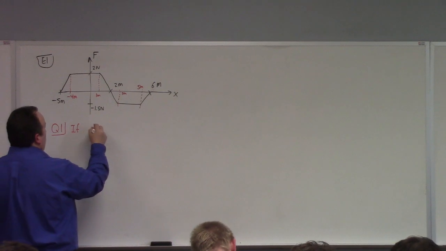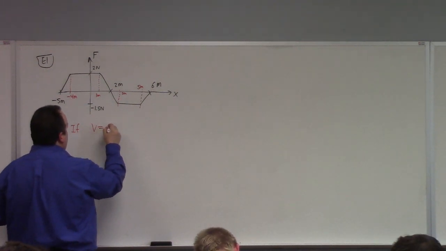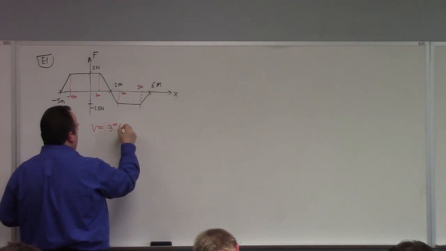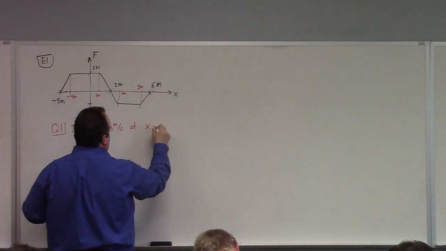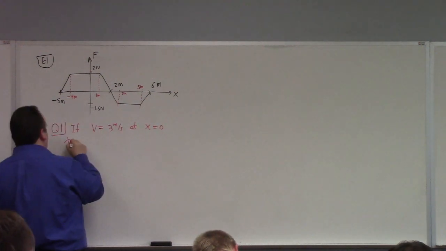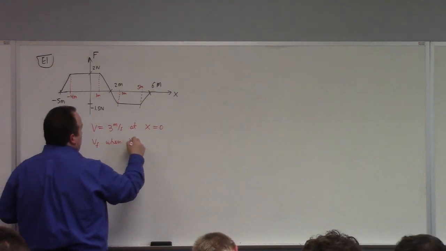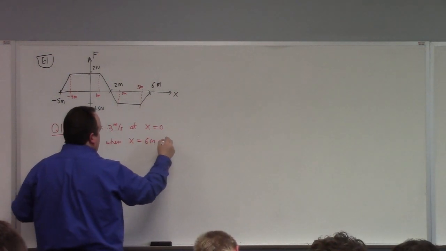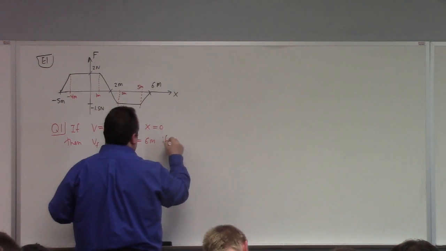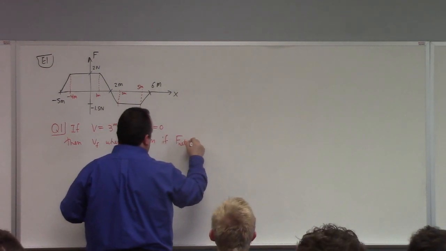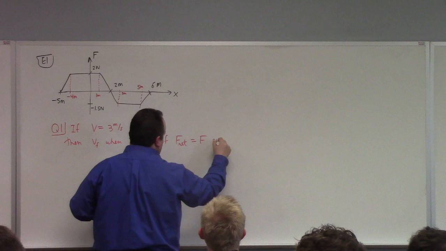If the velocity is equal to 3 meters per second at x equals 0, then what's the final velocity when x is equal to 6 meters if F net equals the force pictured above?